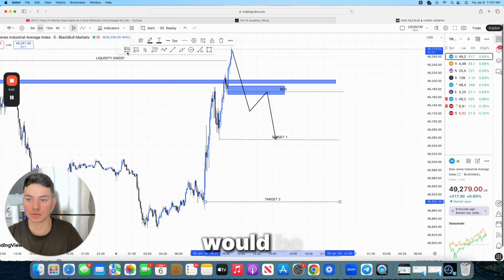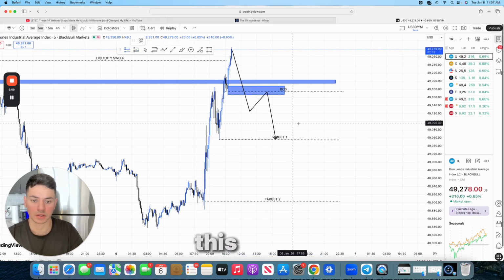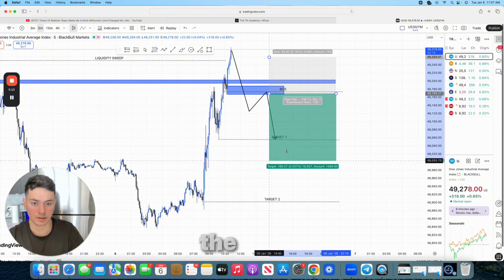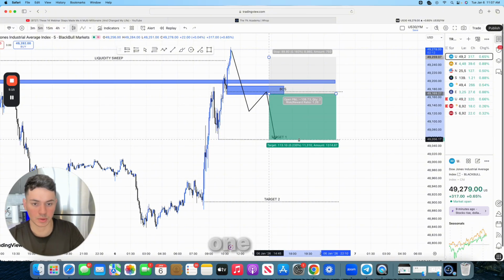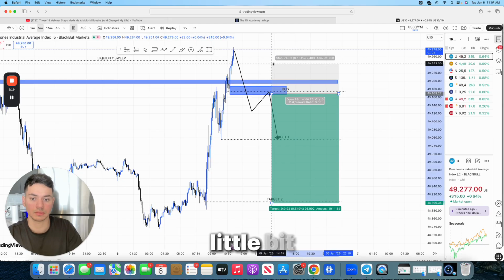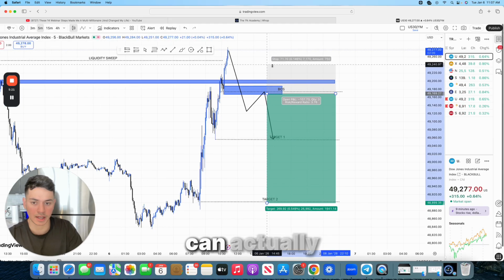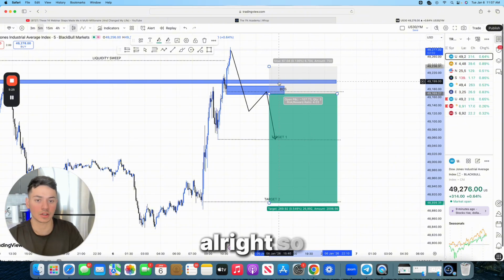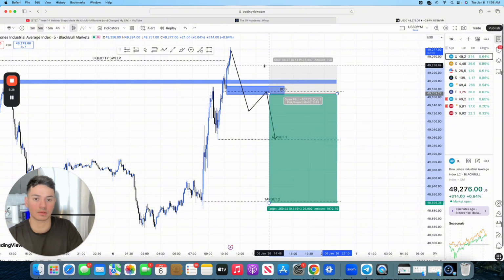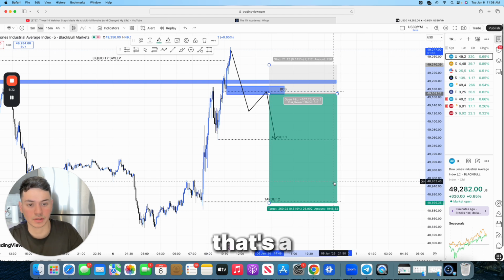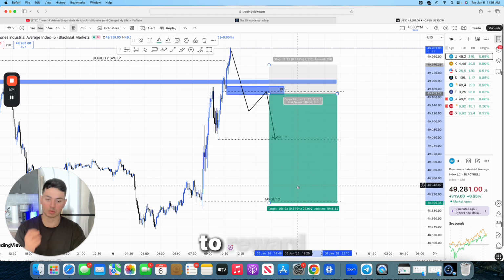This would be the trade, the sale, the entry point, right after the break of structure. We have take profit 1 and take profit 2, and my stop loss would be a little bit above here, since we know it wants to keep going up. We have a stop loss of around 70 points and a target of 260 points. That's almost a 1 to 4 risk to reward ratio trade.